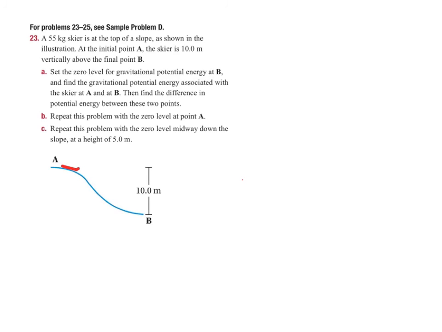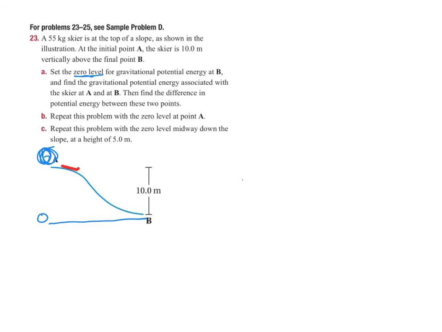You've got a 55 kilogram skier at the top of the slope up here, 10 meters above point B, and it's asking you to set the zero level at 3 different points in A, B, and C. In part A, it says set the zero level for the gravitational potential energy at B, which is our normal place we would put it at the lowest point in the problem, and then find out how much gravitational potential energy is associated with the skier at both points A and B.